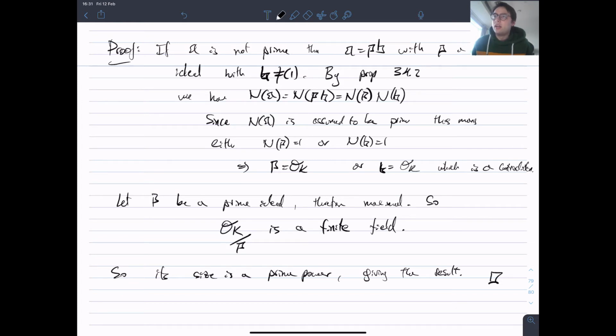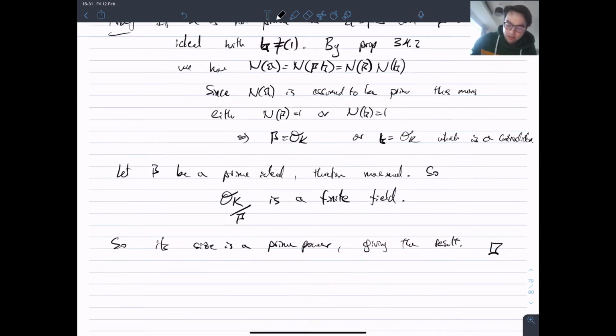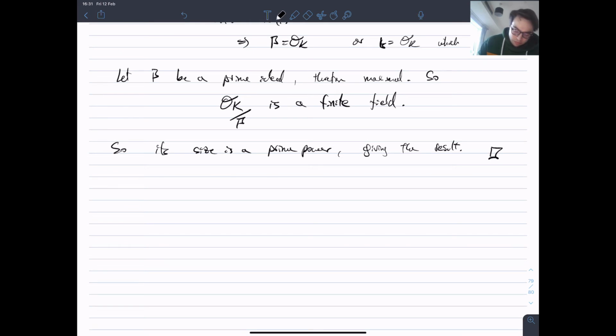And here's maybe the best reason why this deserves to be called the norm. Here's proposition 3.4.5, which says that it somehow extends the previous definition that we had.